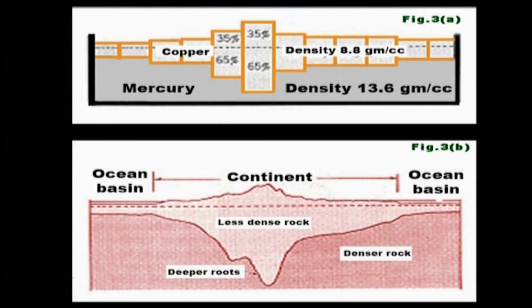Under the plain region, the root of less dense rock will be very shallow. Under the floors of ocean basins, it will be shallowest. As I just mentioned, see figure number 3b carefully to understand all these things.